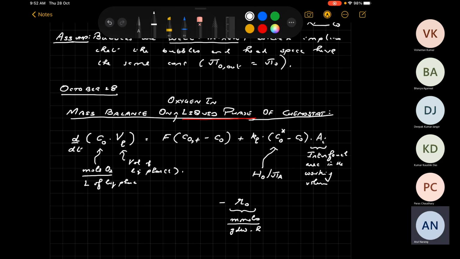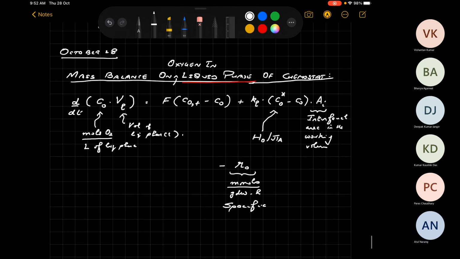So this is called the specific oxygen consumption rate. It is described on the basis of total dry weight or a per cell basis. Do you understand? This is the rate at which each cell wants to consume oxygen. But this, of course, has to be multiplied by the total concentration of cells, X, which is in grams dry weight per liter, and RO times X has units of millimoles per liter per hour.